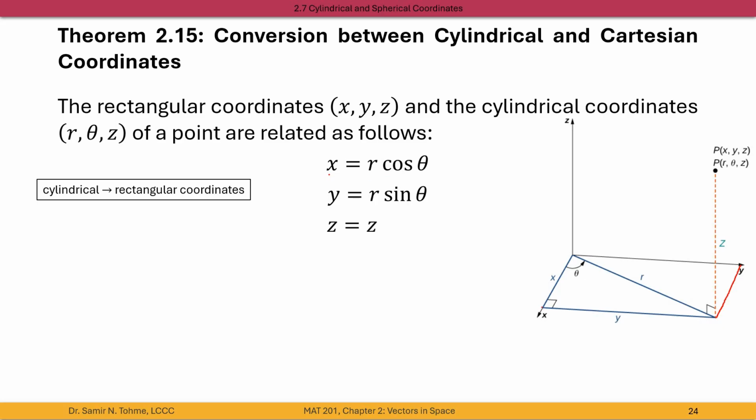Cross multiply to find x: x is equal to r cosine theta. To find y, sine theta is opposite, which is y, divided by the hypotenuse r. Cross multiply to find y: y is equal to r sine theta.